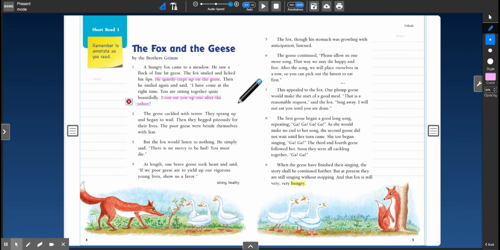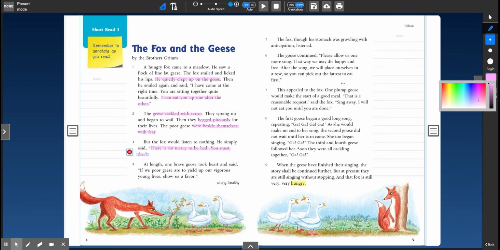And the geese get so scared, they start cackling with terror. They beg piteously, and they were beside themselves in fear. This is all part of the problem, right? And we know this fox is not very nice, and he ignores them. And he says, there is no mercy. You must die. So all these parts play into the problem, right?